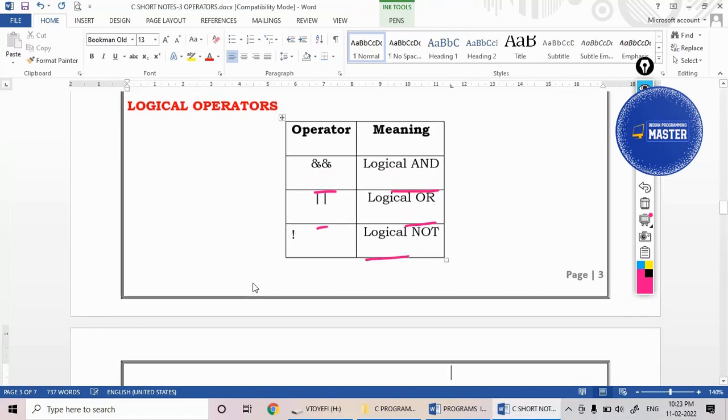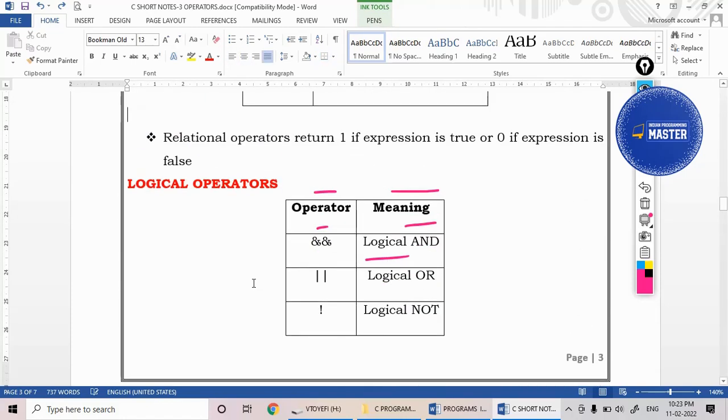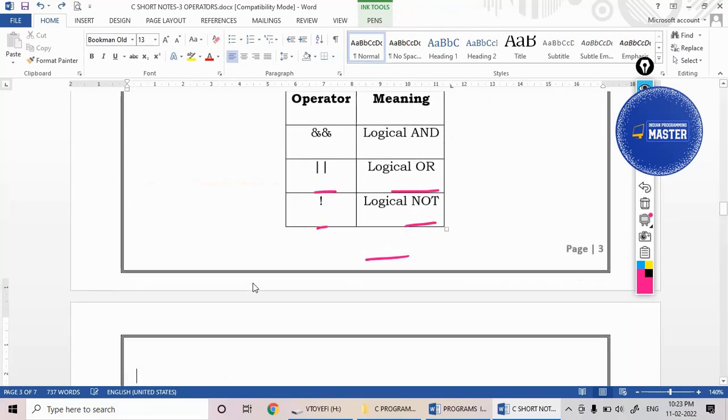What is the purpose of the logical operators? When you would like to combine one or more expressions, then I have to go for these logical operators.